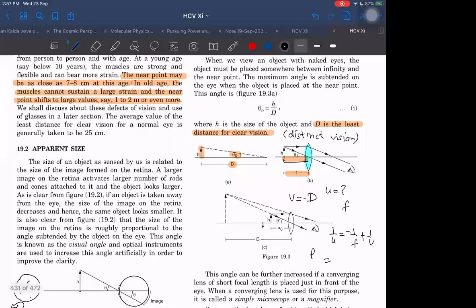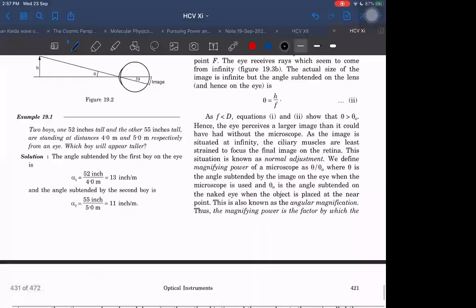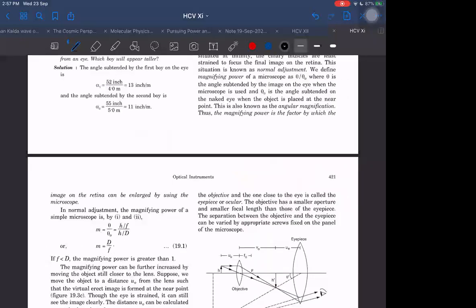Then h by u is theta, which will become h by v minus h by f. V is equal to d, so h by d minus h by f. Then what will it become finally? Then I think I can write it as h by d minus h by f. So minus or plus it will be.